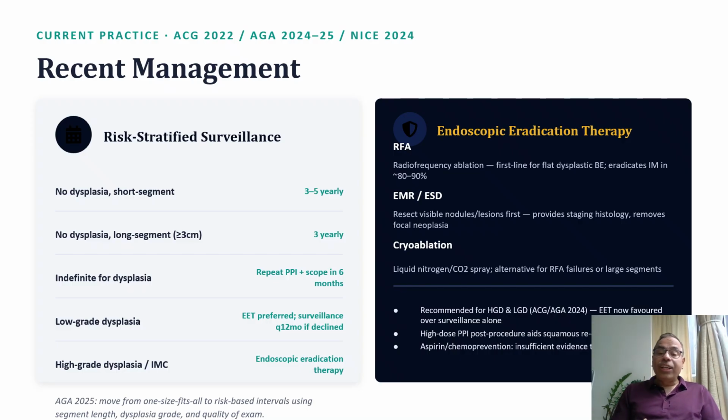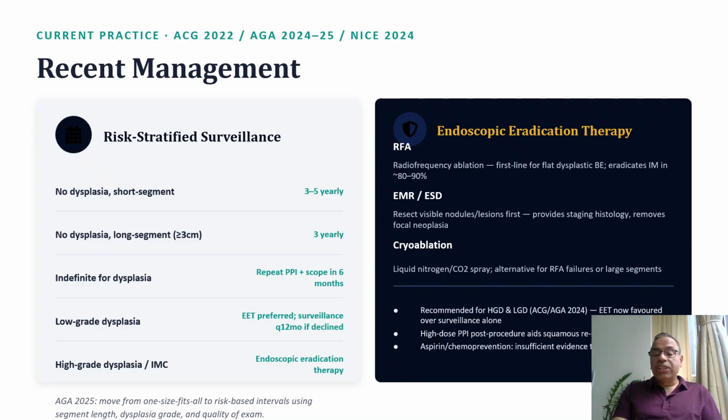The second endoscopic eradication therapy is EMR, endoscopic mucosal resection. And the third one is endoscopic submucosal dissection. Now coming to endoscopic mucosal resection or EMR, these are basically used where through the endoscope the mucosa which shows the dysplastic features is resected.